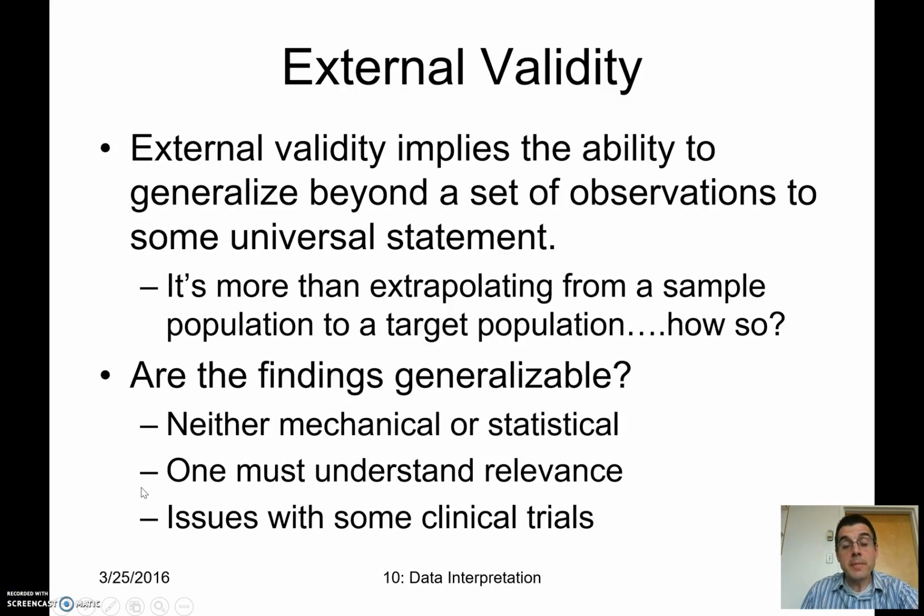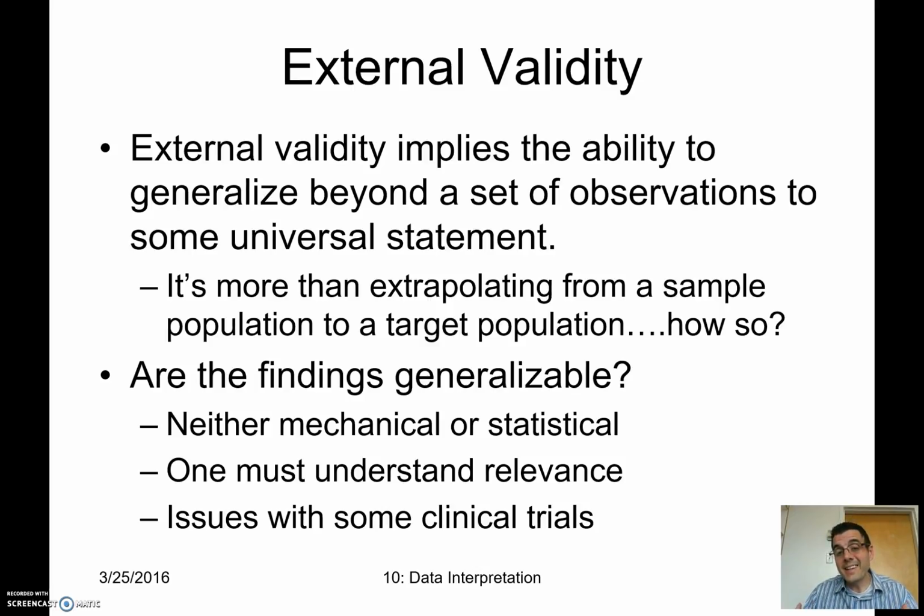All right, moving on from internal validity, we'll talk a little bit about external validity. This is where we take the data from a smaller study and try to understand whether these findings would be generalizable to a larger population. So external validity implies the ability to generalize beyond a set of observations to some universal statement.